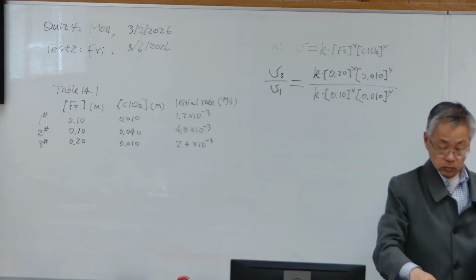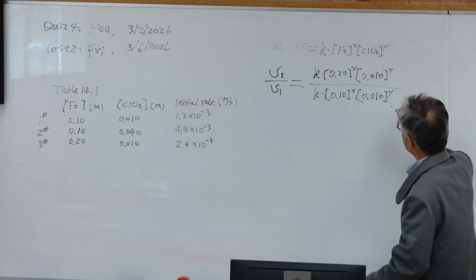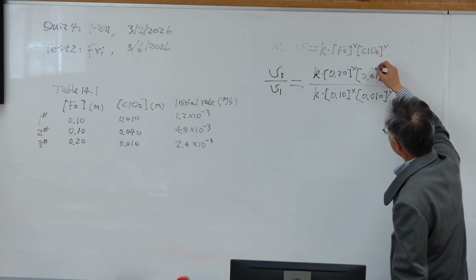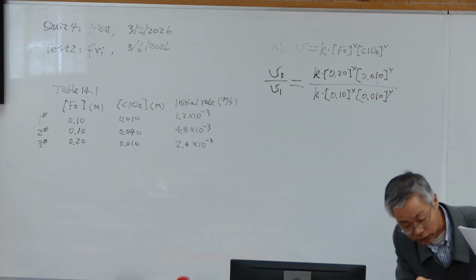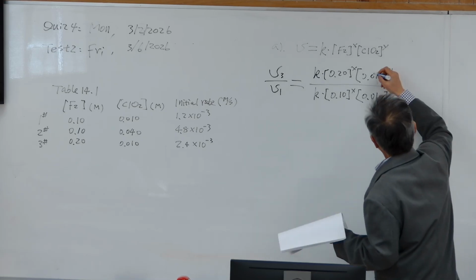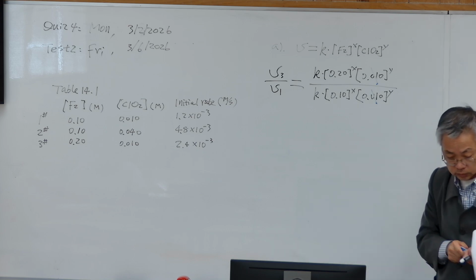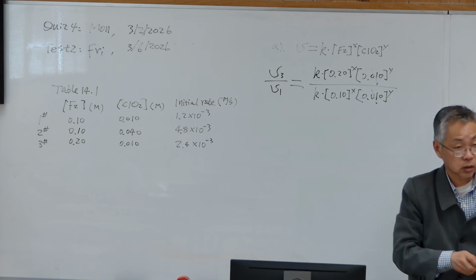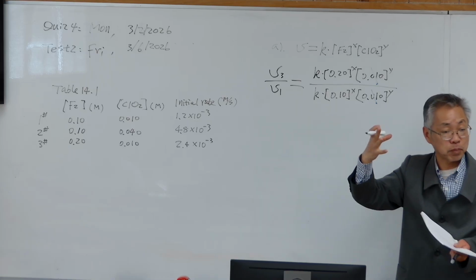So in this case, the ClO2 concentration in experiments 3 and 1 is exactly the same, so this can be cancelled. And K is also the same. K depends on temperature.